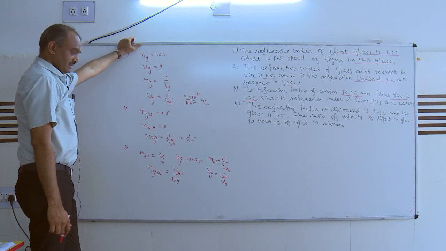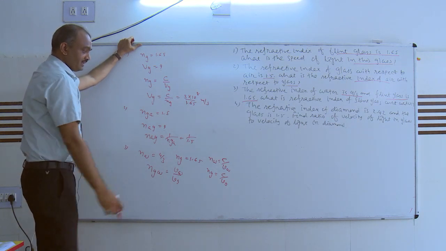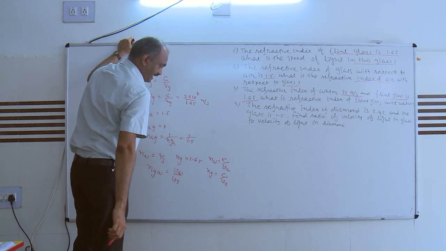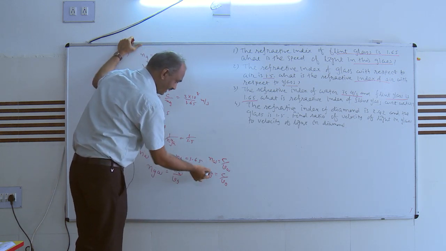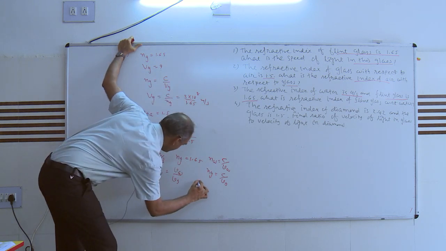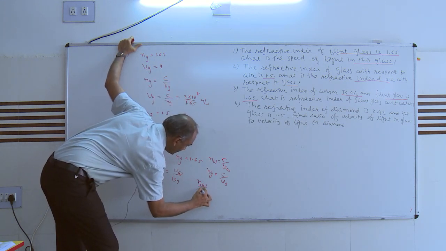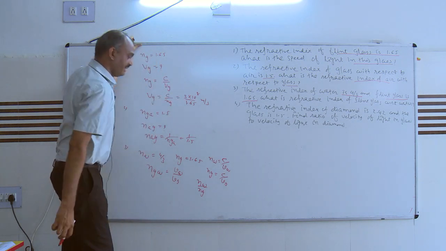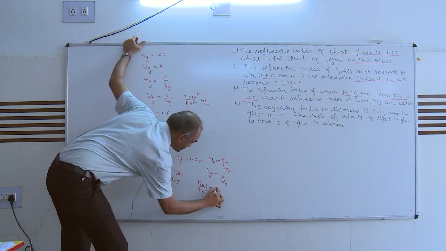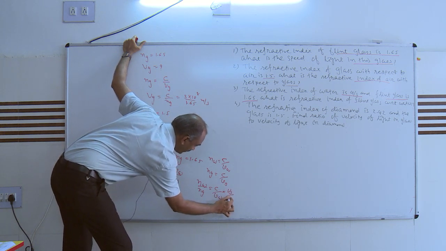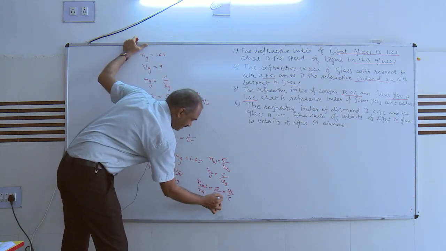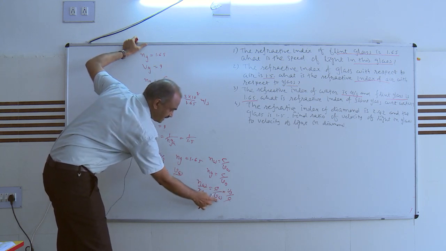Now we are dividing these, so by cross multiplication, Nw upon Ng is equal to C upon Vw into Vg upon C. So C should be cancelled, and we are getting Vg upon Vw.